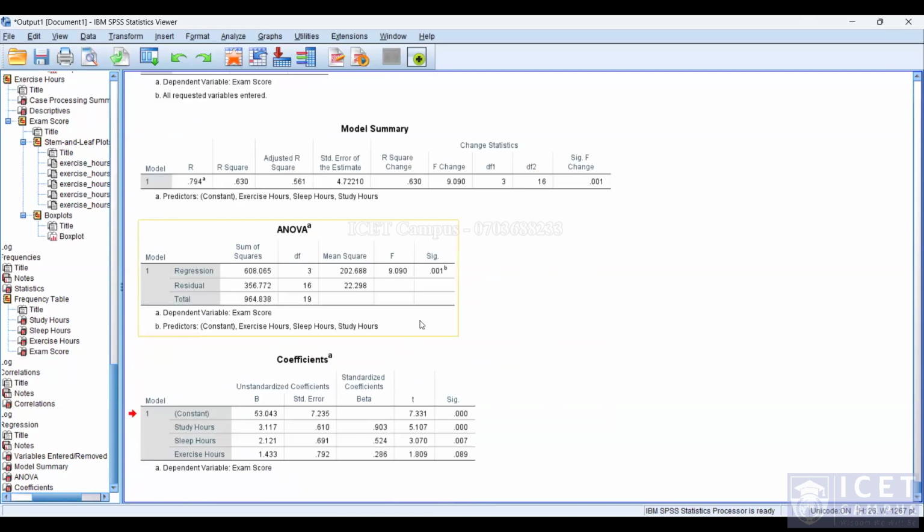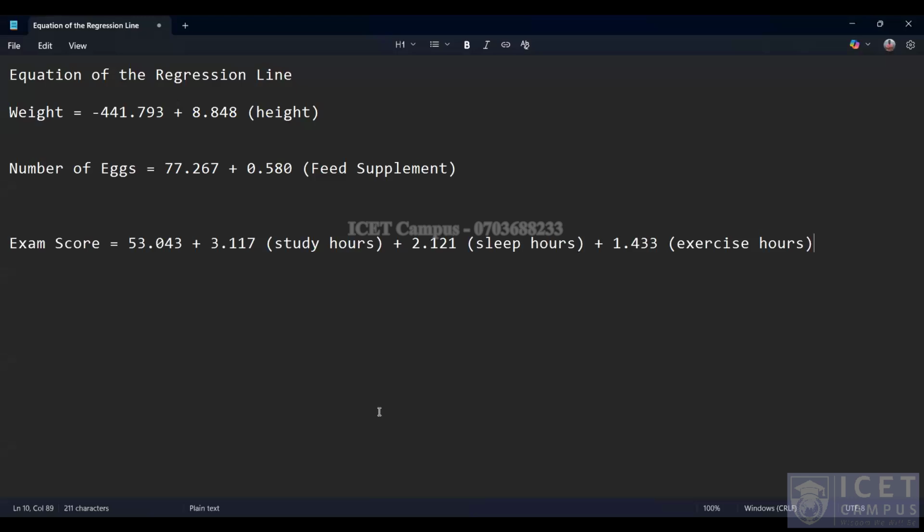But then another one, exercise hours: 1.433 times exercise hours. Right. So this is how we can write the equation of the prediction line.